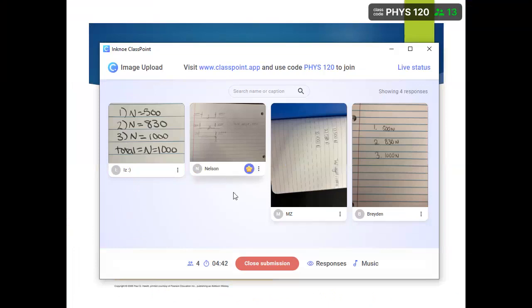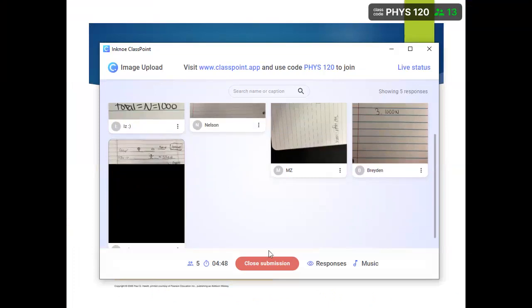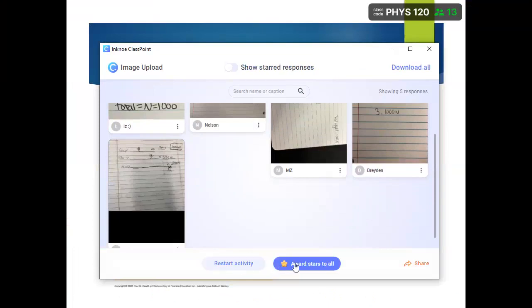We need one more table. Okay. So let's see.